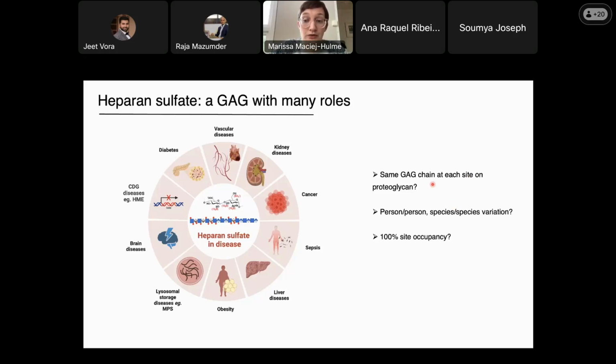Does this contribute to the heterogeneity of the HS observed? Is the GAG chain fundamentally the same from person to person or species to species? And are all sites occupied 100% of the time?